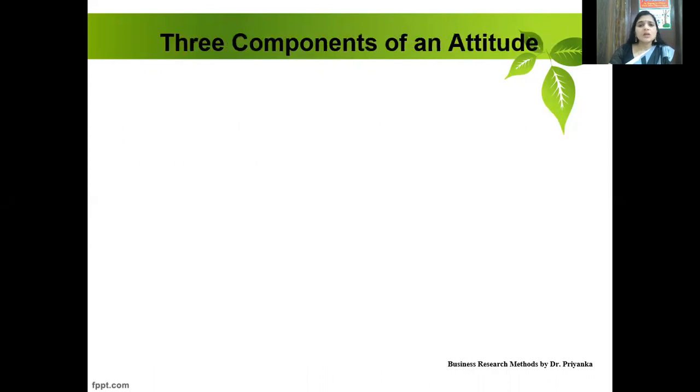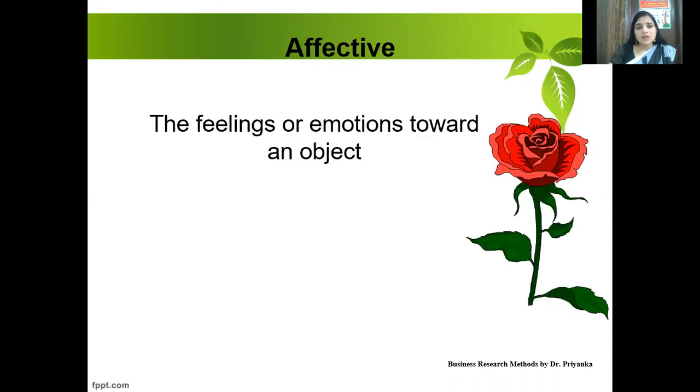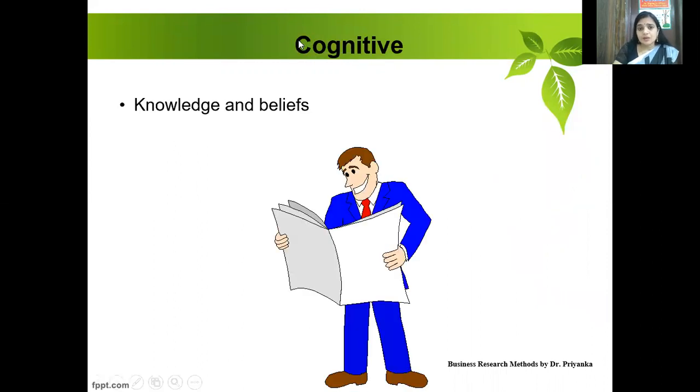attitudes. Three major components of attitude are: affective, cognitive, and behavioral. Affective attitude is the feelings or emotions towards an object. When you try to show your feelings about something or someone, that is the affective part of attitude. Cognitive part is your knowledge and belief about something.